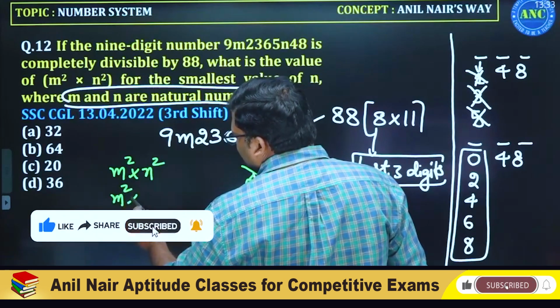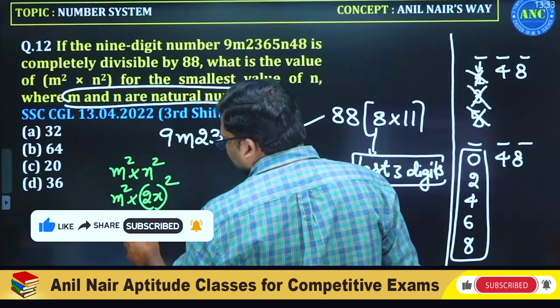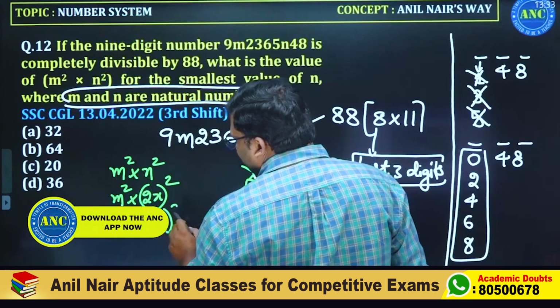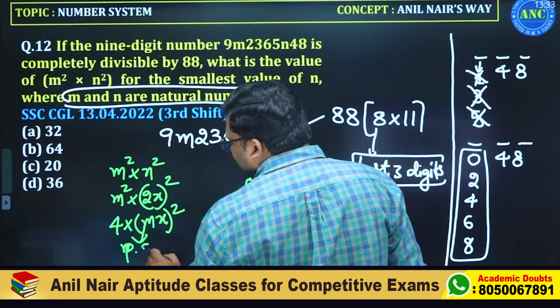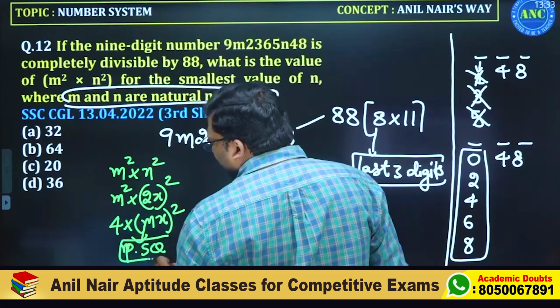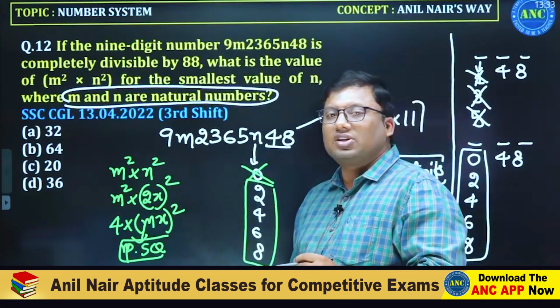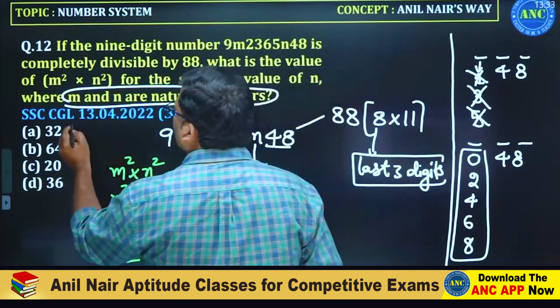That means 2 into 2x whole square. That means answer should be 4 into mx square. Mx square means mx, this is a perfect square. Answer should be 4 into perfect square format. 4 into 8.